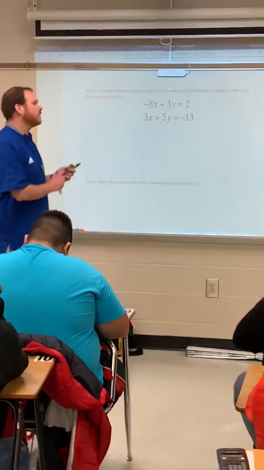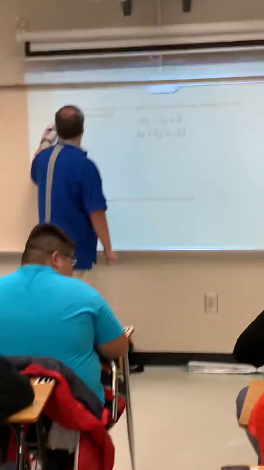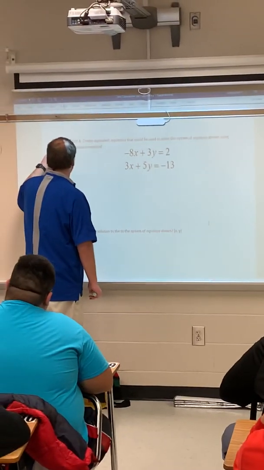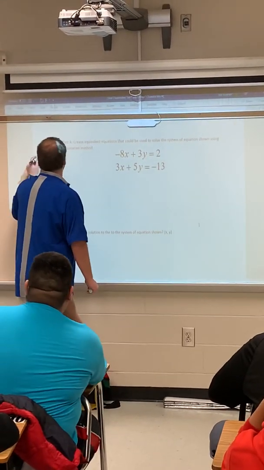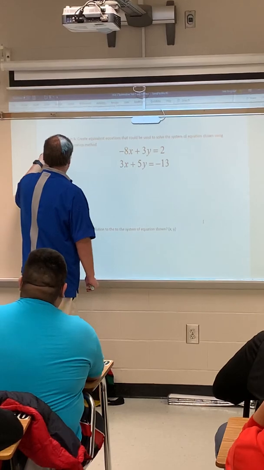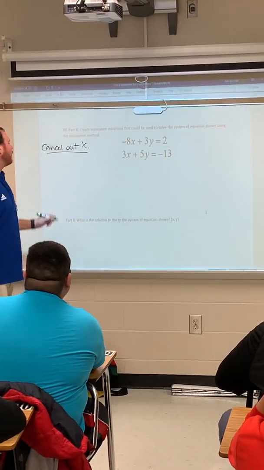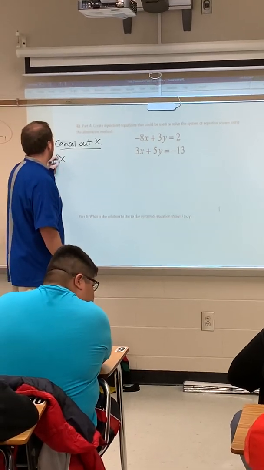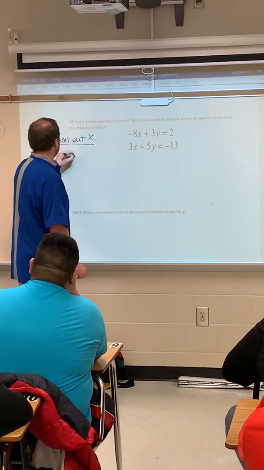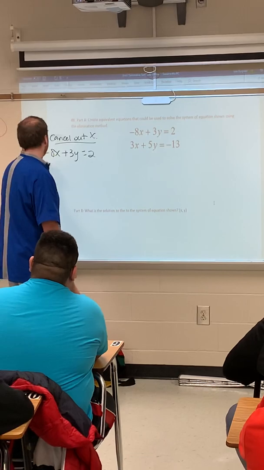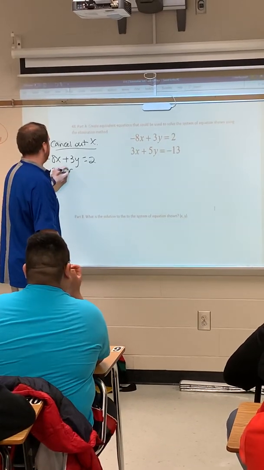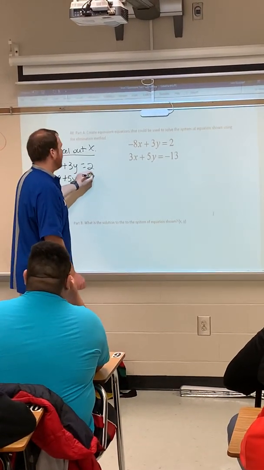So if I want to cancel out x, I'm going to put cancel out x. All right? So if I want to cancel out x, what would I need to multiply by? Like, what's the next number that these two have in common? 24. Right, 24.